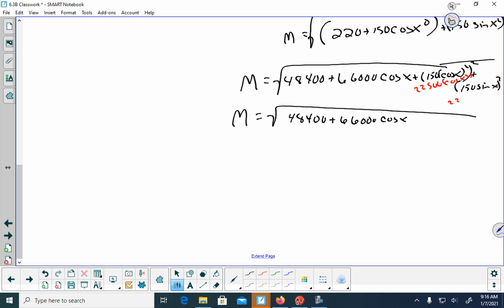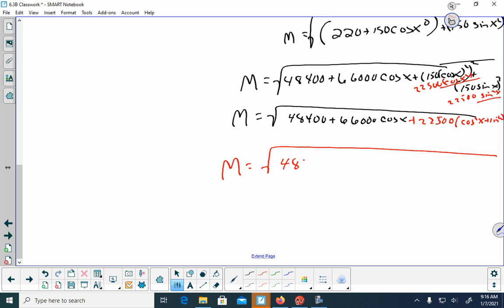And then this will be 22,500 sine squared x. Cosine squared plus sine squared is equal to 1. So I'm going to have 48,400, plus 6,600 cosine x, and then this one would be 22,500 times cosine squared x plus sine squared x, which is equal to 1.